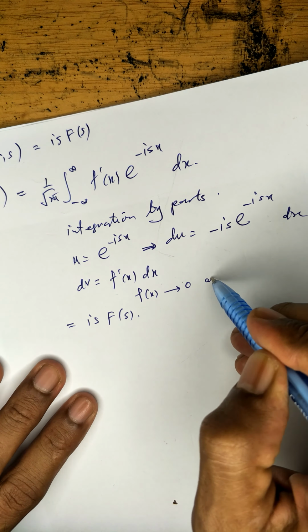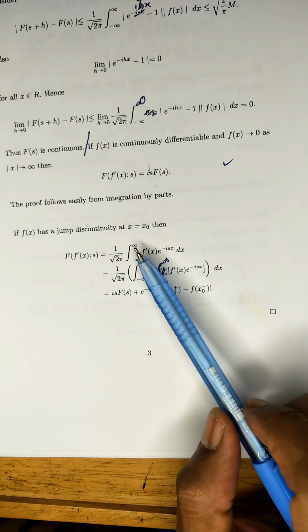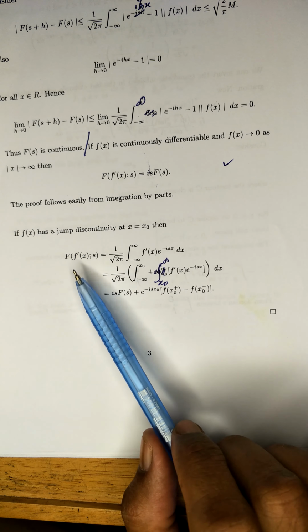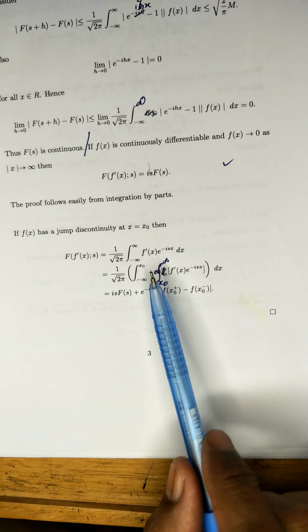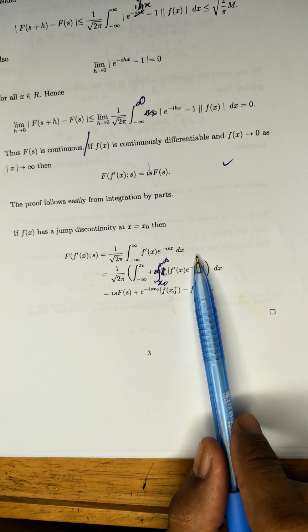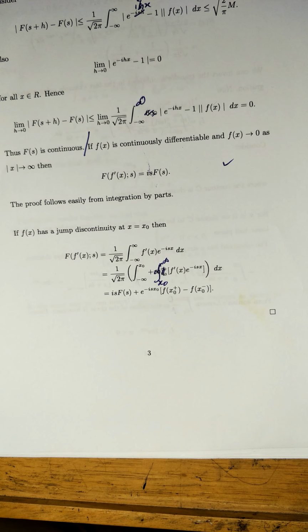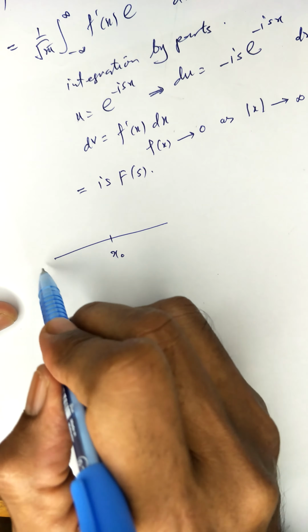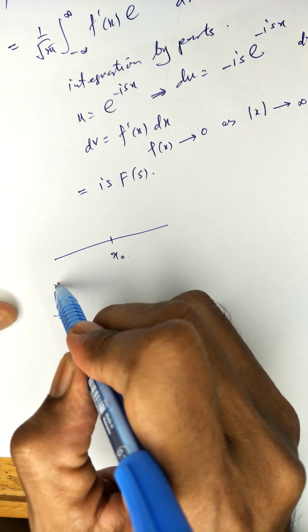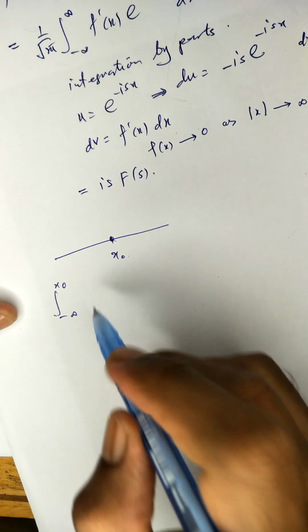And then if f(x) has a jump discontinuity at x equal to x naught, then for the Fourier transform of f prime, we use the definition of the Fourier transform, and then we split at the singular point. Along R, this is the x naught. So we integrate from minus infinity to x naught, which is the singular point, plus x naught to infinity.